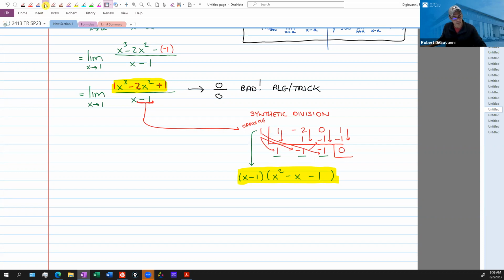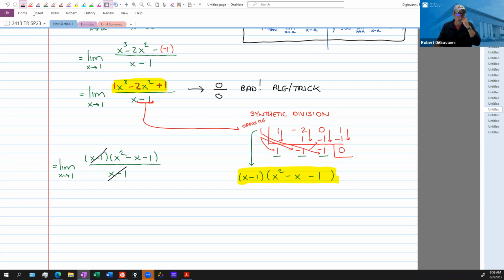So that means I can rewrite the original limit that I had here. The numerator is now x minus 1, x squared minus x minus 1, over the x minus 1. And the whole point of that was so that we could get the x minus 1s to cancel. Don't freak out if the synthetic is like, oh my gosh, everything was going fine until I saw that.